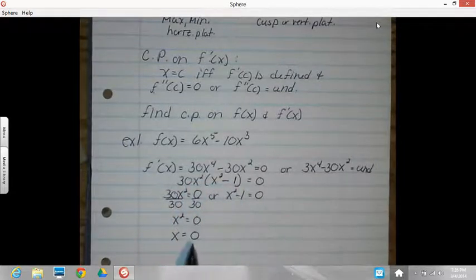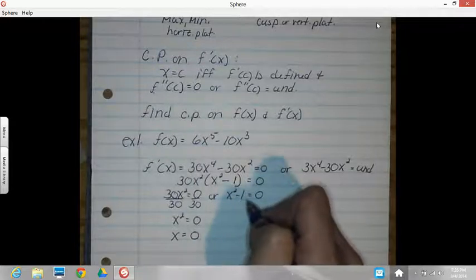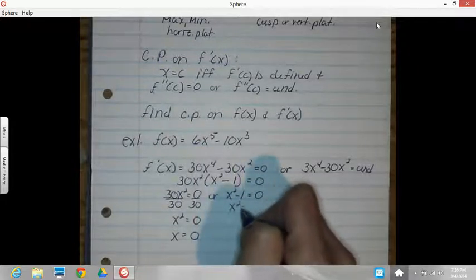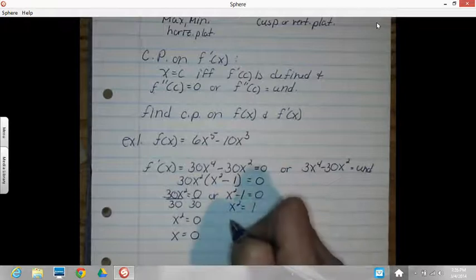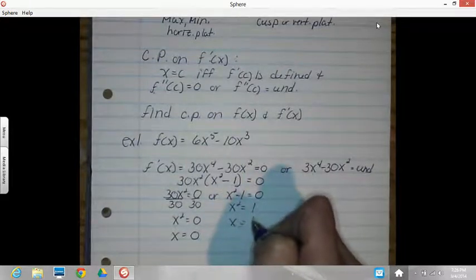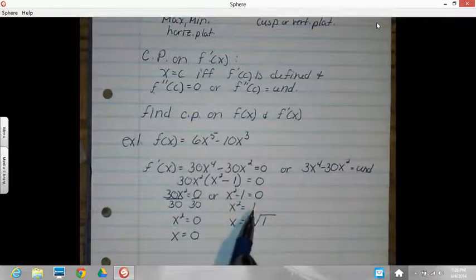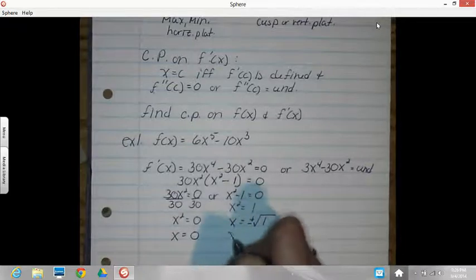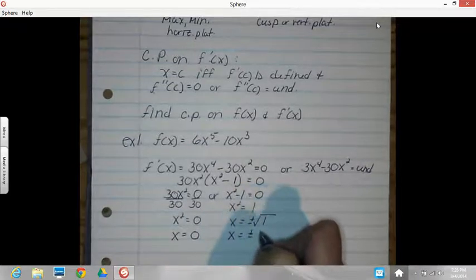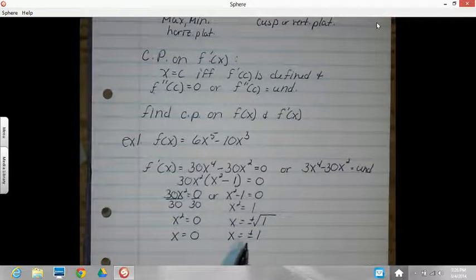So we know we've got a critical point at 0. Here, solving this, I'll add 1 to both sides. Now I take the square root of both sides, but I've got to remember there are 2 square roots for every number. There are 2 numbers squared that give me 1. I can square 1, or I can square a negative 1. Positive or negative 1. So I've got 3 critical points.